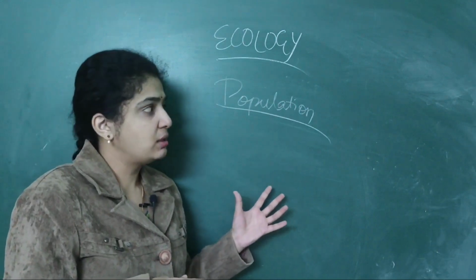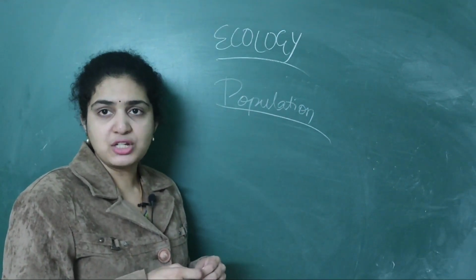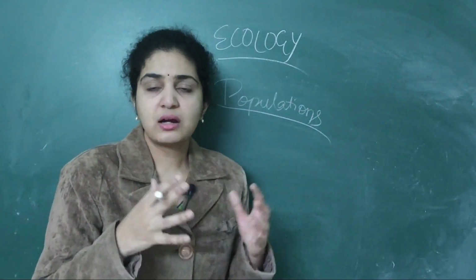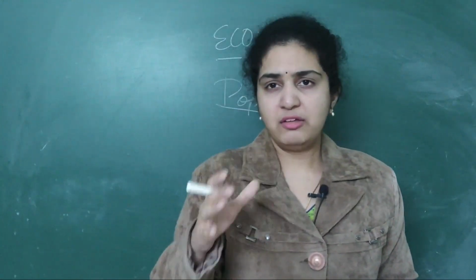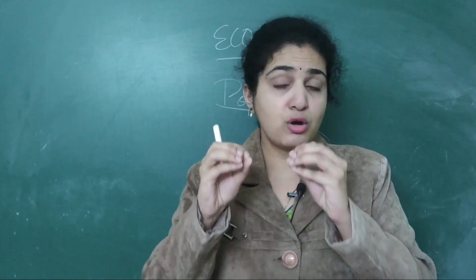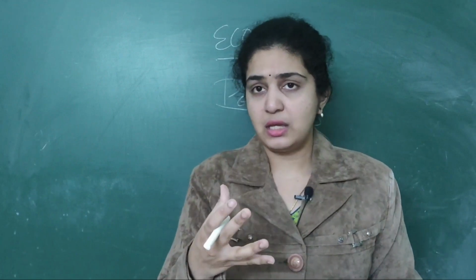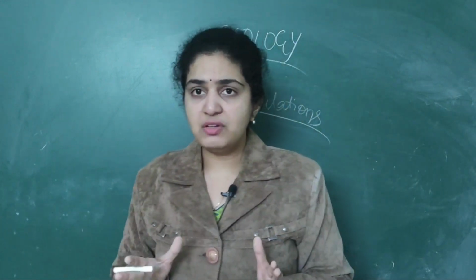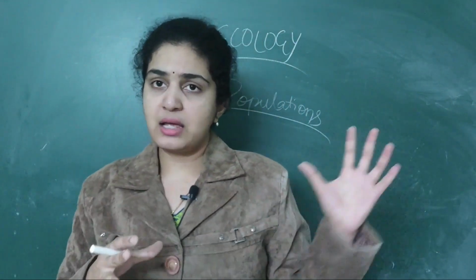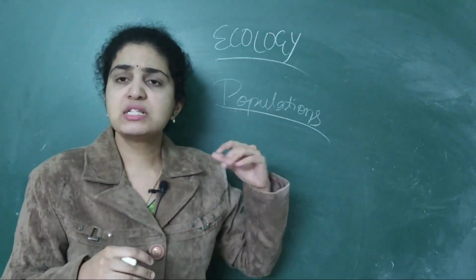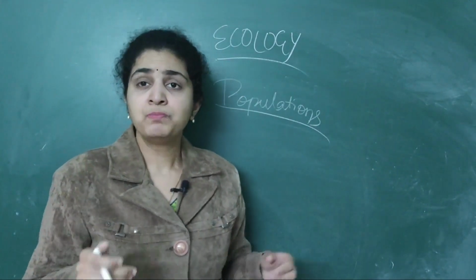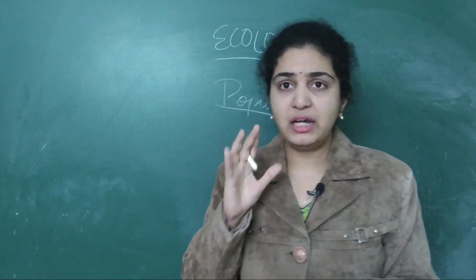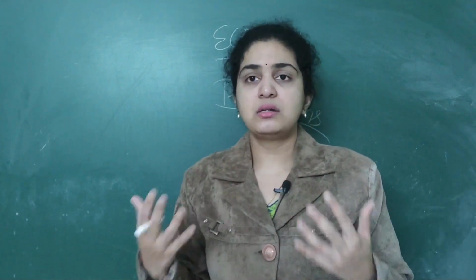When you start with populations, single individuals of a species are usually rarely found. Are you able to see one individual of a species anywhere? No. A group of individuals is called a population. Even for extinct species, you won't see only one individual; maybe you will see three or four.